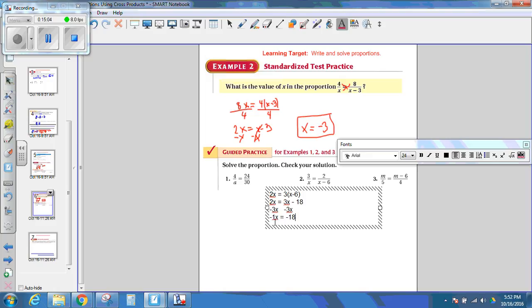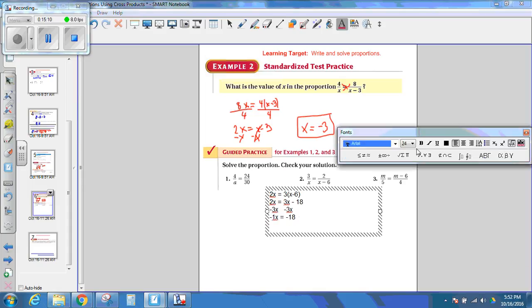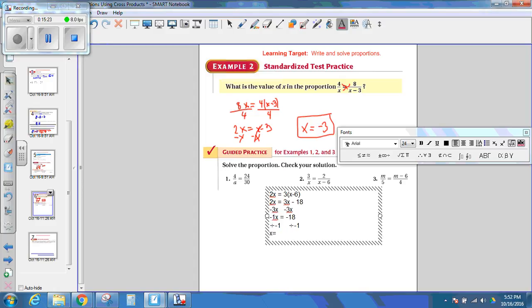So I'm going to divide by negative 1 on both sides. Divide by negative 1, divide by negative 1, and I get x equals positive 18.